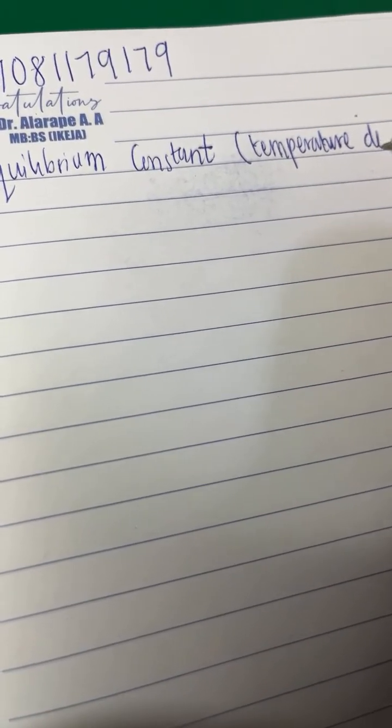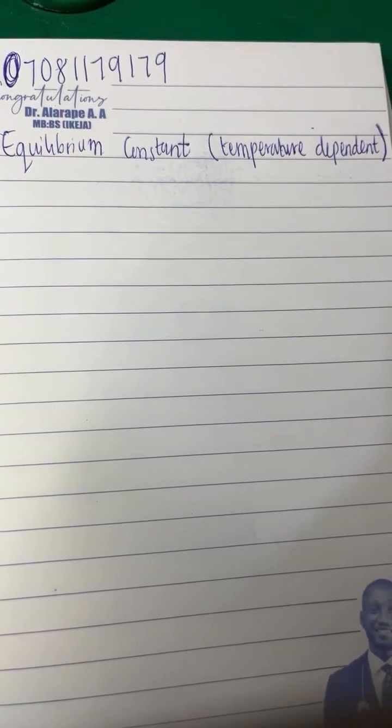It is the temperature that can alter the equilibrium constant of a particular reaction. So everybody, type: equilibrium constant is temperature dependent. Jamb likes asking this question.